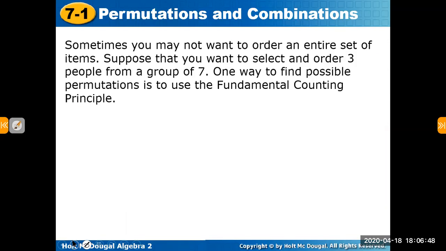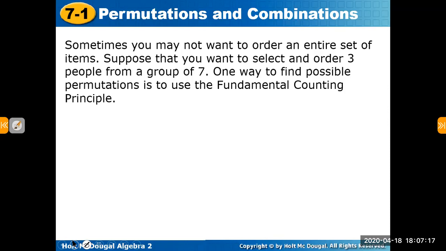So where do we use permutations and combinations? Sometimes you may not want to order an entire set of items. Suppose that you want to select and order 3 people from a group of 7. So you just want to select 3 people out of a group of 7 people.